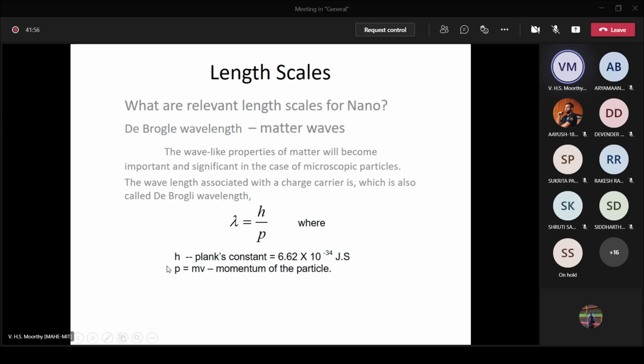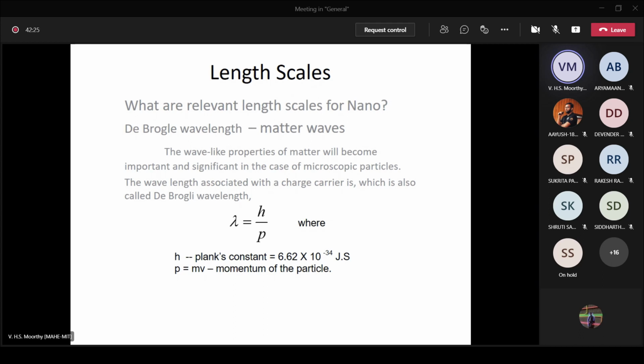So now, Planck's constant is 6.62 times 10 power minus 34 joule seconds. Please remember this. Some fundamental constants are there. In examinations, whenever I give problems, I may not give the values of physical constants.